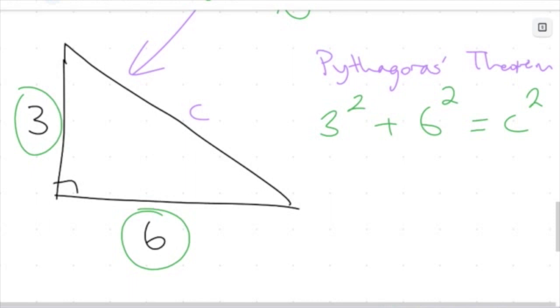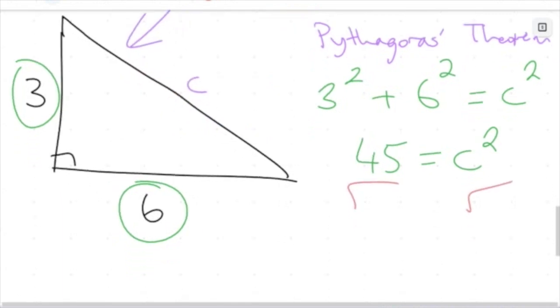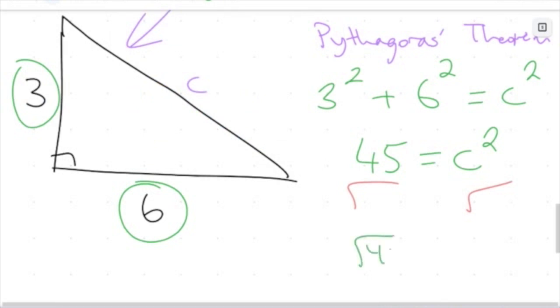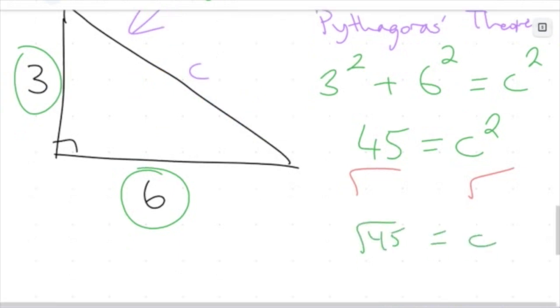That is our Pythagoras' theorem. So when we do this calculation, we get 45 equals c squared. And we can find the length by just taking the square root of both sides to find what c is. And we end up with the square root of 45 equals c.